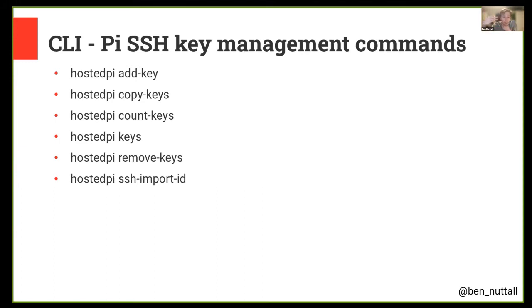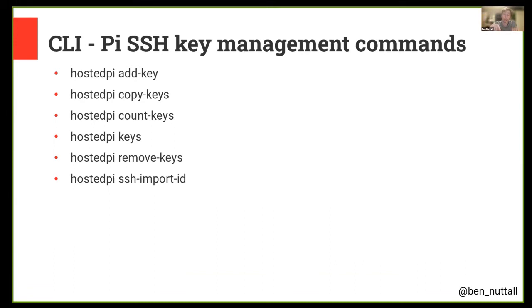You can do things like count the number of keys, output the keys to actually see them, remove keys from a Pi, and there's a command that you can install on Raspberry Pi, completely separate from this, called ssh-import-id, which is a really neat way of saying, if you're on a server, you could say ssh-import-id this GitHub user, and any keys associated with that GitHub user, their public keys that are exposed, it will allow that user access to that server.